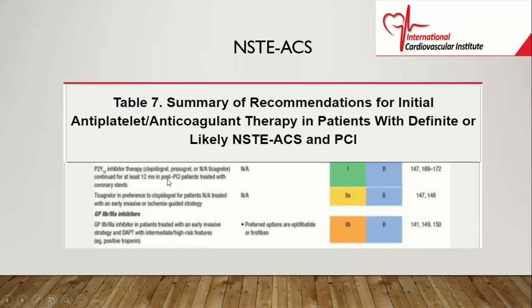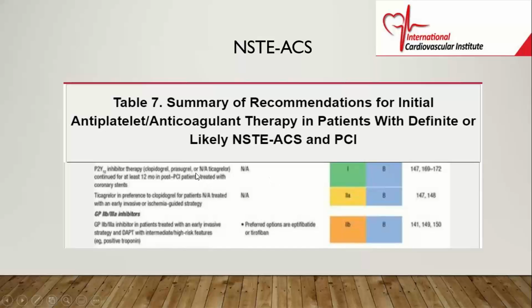when these patients come in, and we're going to take them to the cath lab, we usually load them with these medicines. So if we determine that the patient is going to go to the cath lab, not urgently, but probably after 24, 48 hours, because we look at the TIMI score and the patient is high risk, we load them with these P2Y12 inhibitors, that is the clopidogrel, prasugrel, ticagrelor.